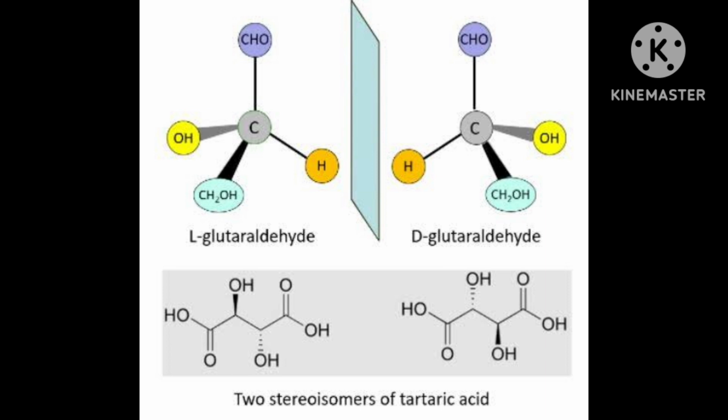Questions are asked on this. Now, sp2 means three orbitals are there, hence it can make three bonds.